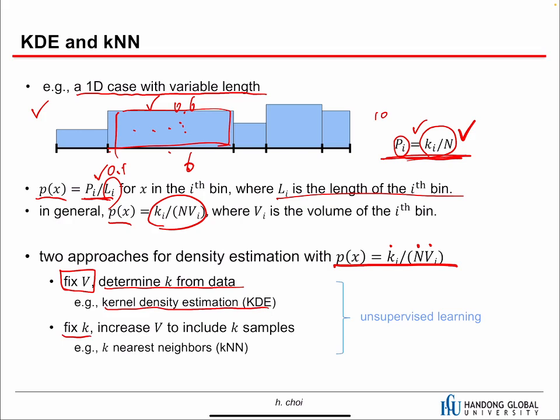The second one, we fix k. We fix the number of samples in the bin, and then we increase v to include k samples. K nearest neighbors is the most popular example for this approach. If you have some knowledge about machine learning, you might know KNN as a classification algorithm. But in this chapter, we are talking about KNN as unsupervised learning to estimate the density.